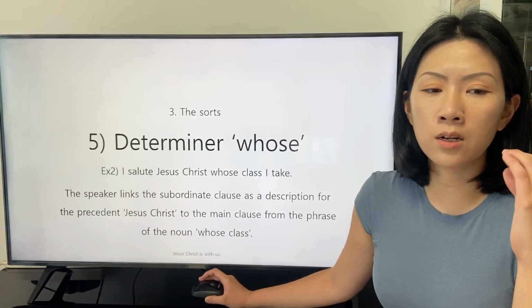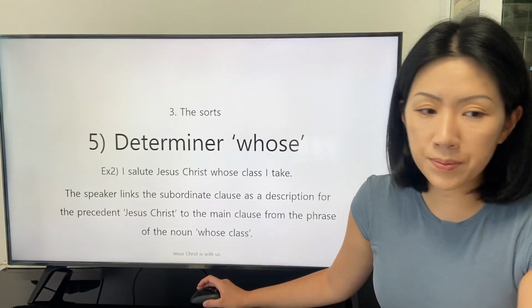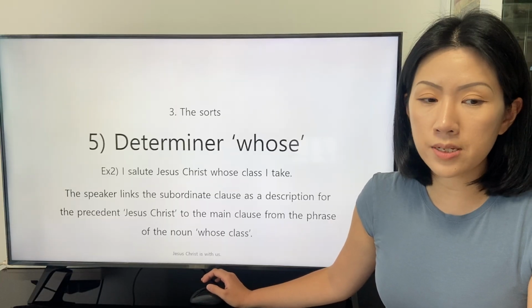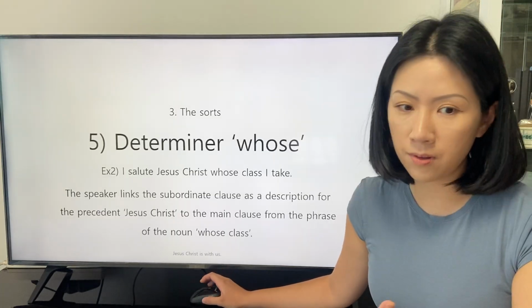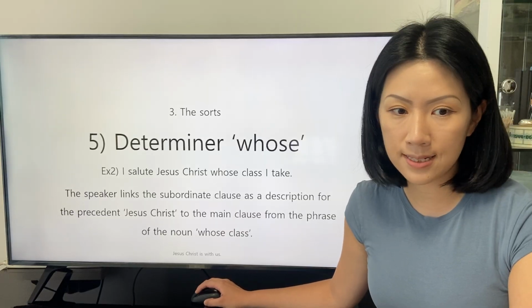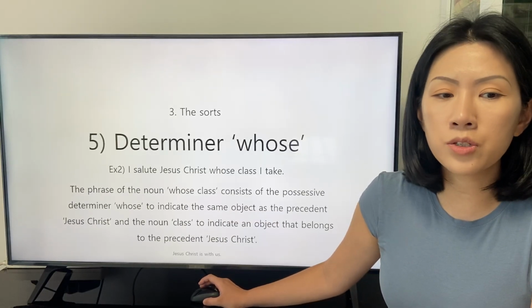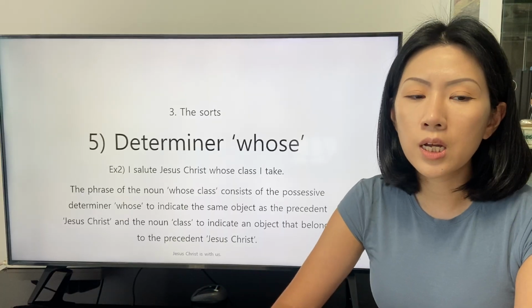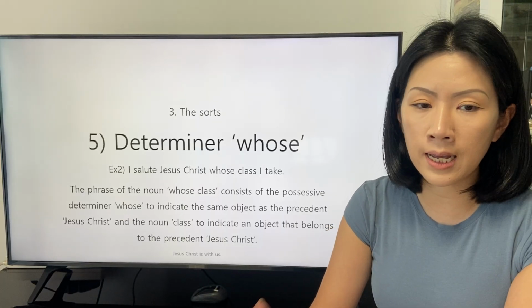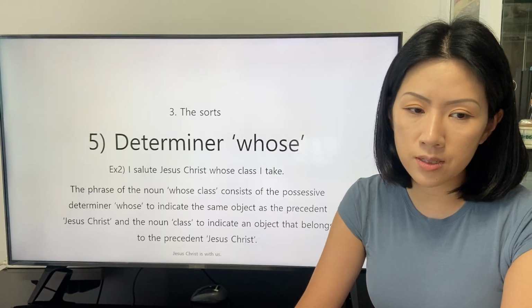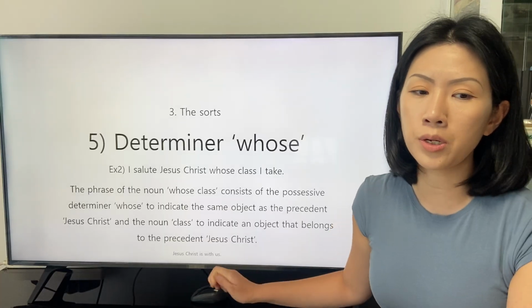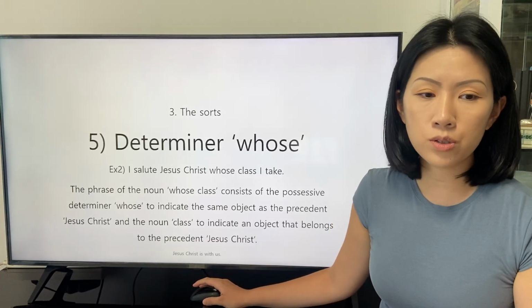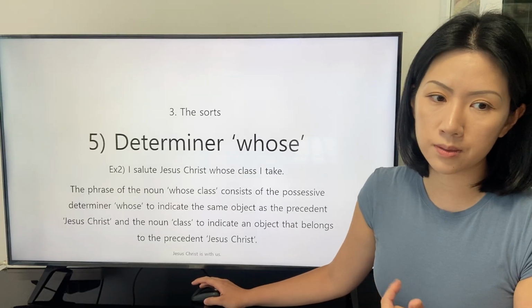The speaker links the subordinate clause as a description for the precedent, Jesus Christ, to the main clause from the phrase of the noun whose class. The phrase of the noun whose class consists of the possessive determiner whose to indicate the same object as the precedent, Jesus Christ, and the noun class to indicate an object that belongs to Jesus Christ.